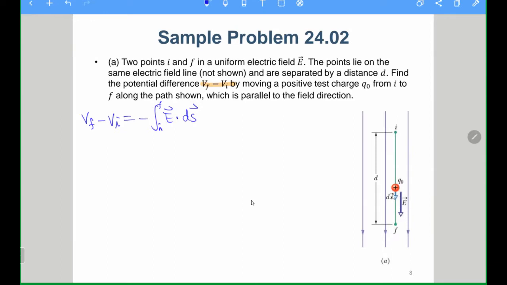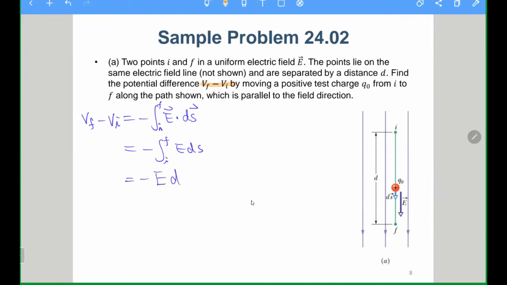So E and ds point in the same direction, which means E dot ds is nothing but E times ds. And since this is a uniform E field, it is nothing but negative E times d.